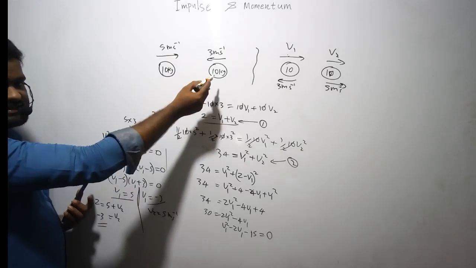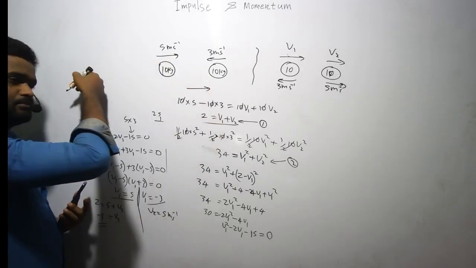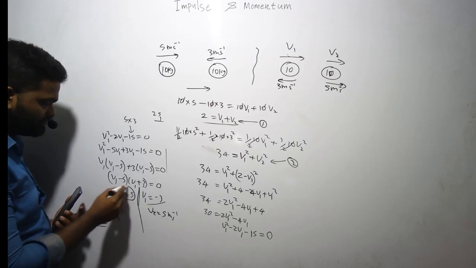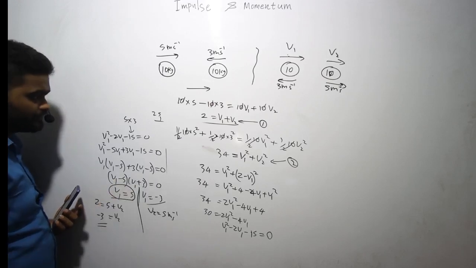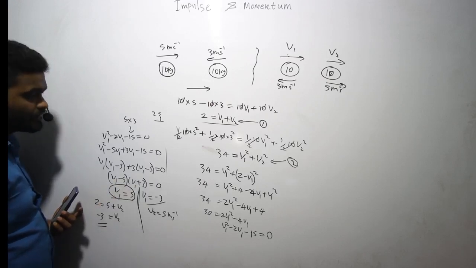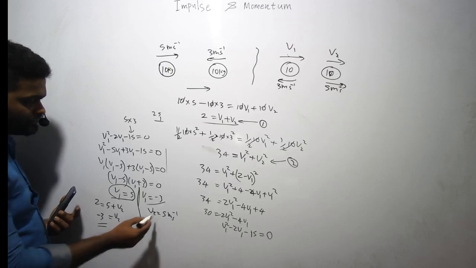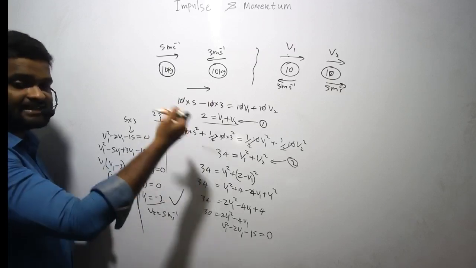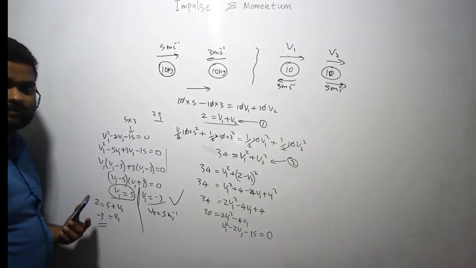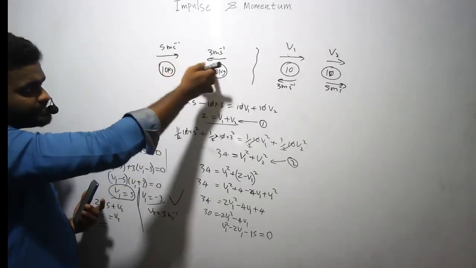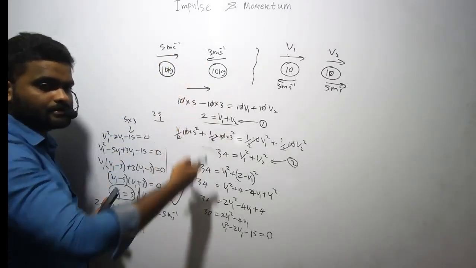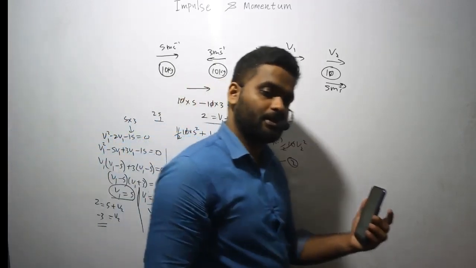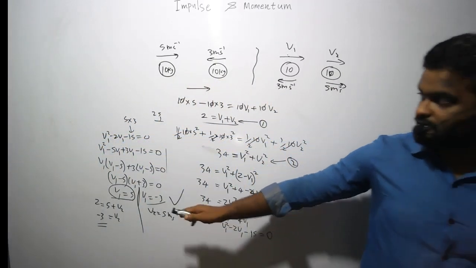When it collides, it cannot bounce back at the same velocity, right? Therefore, the answer should be this one. So V1 bounces back at a lesser velocity, minus 3, because they obviously change momentums. If it bounced back at the same velocity, there would be no change of momentum. So the answer should be this one.